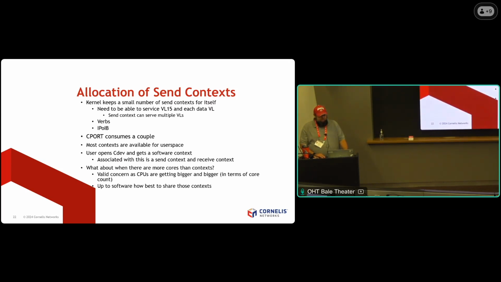And the majority of the contexts are available for user space, and this is actually configurable. So by default, like I said, we keep 2 per VL, but you can change this and dedicate more context to user space. So if you're not doing verbs, you can give more context to user space, certainly.